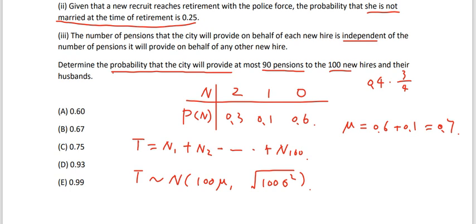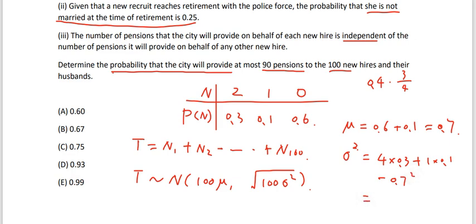For sigma squared, we need to calculate it. X squared is 4 times 0.3 plus 1 times 0.1, minus 0.7 squared.